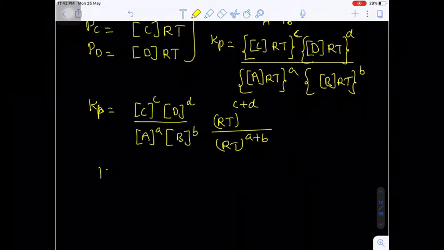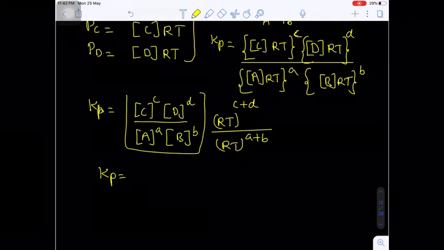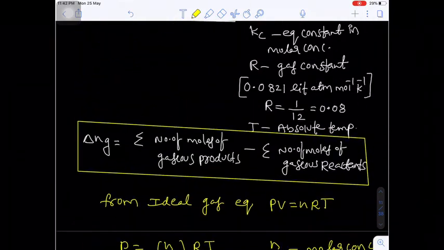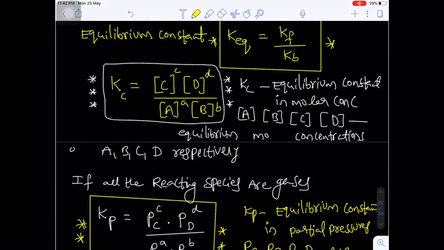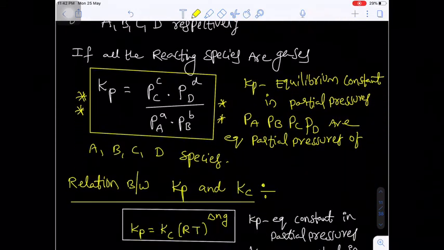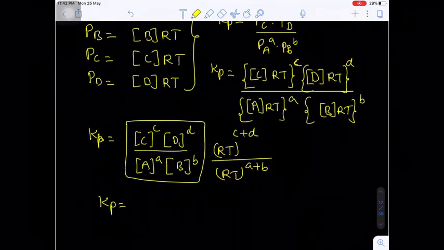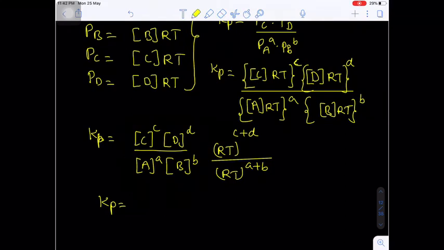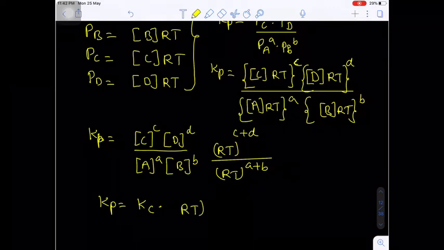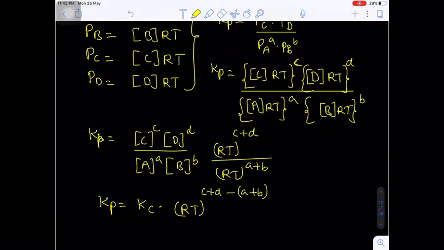Now in the next step, do you know this is the Kc expression? Yes, you see the Kc expression here. Instead of that expression I am writing Kc. Kp is equal to Kc multiplied by (RT) whole to the power c plus d minus (a plus b).